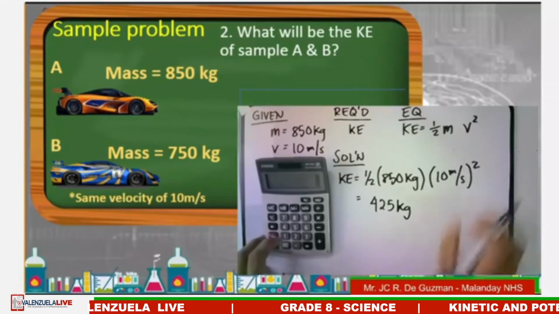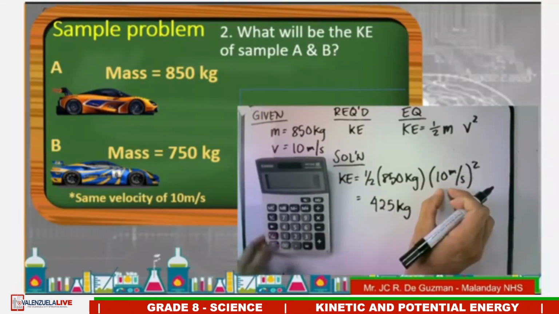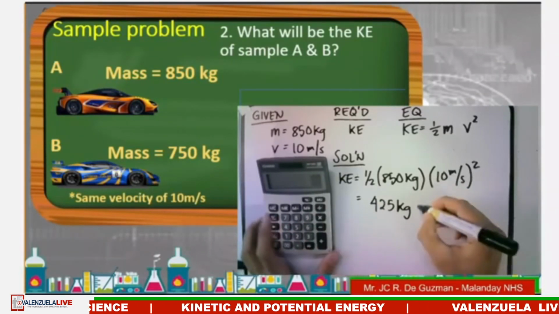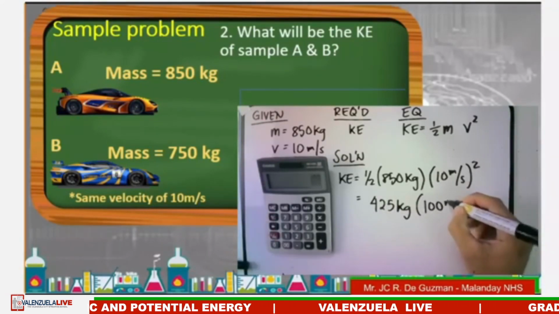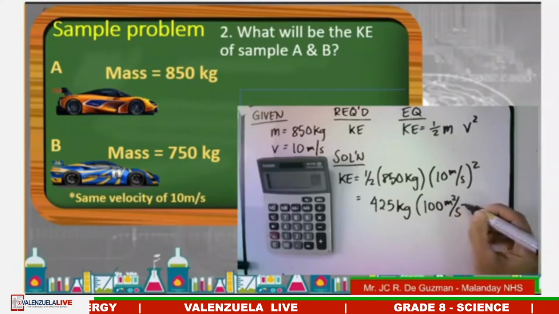Then we need to square the value of the velocity, which is 10. So 10 multiplied by itself, which is 100, meters squared per second squared.